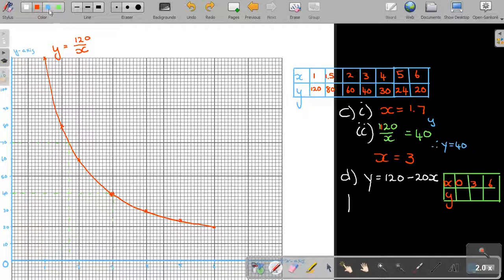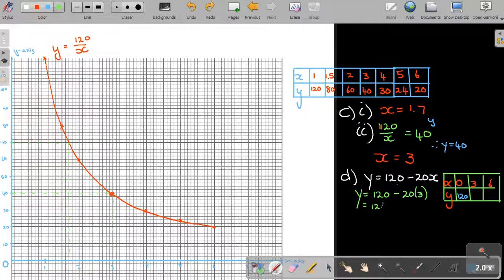Okay. And then don't forget, you just do substitution. So it's actually y equals 120 minus 20, and now it's 0. So this is just going to be 120. Okay. And then I'm using 3. So if I'm using 3, then it's going to be y equals 120 minus 20 times 3.